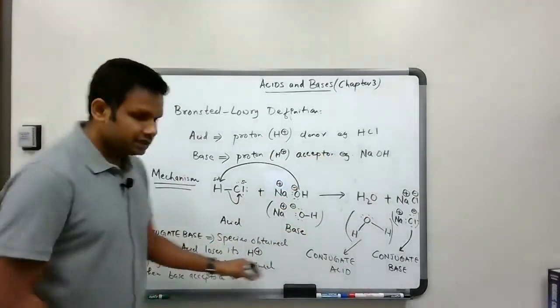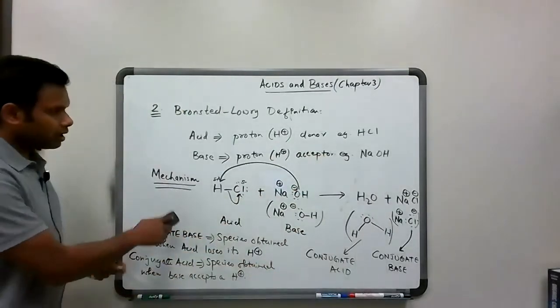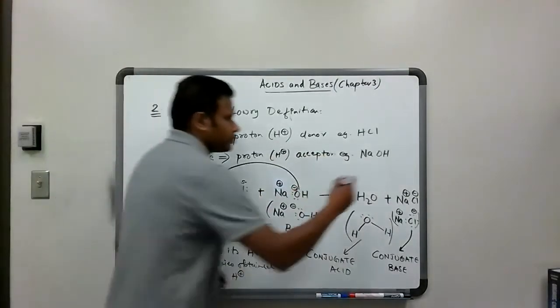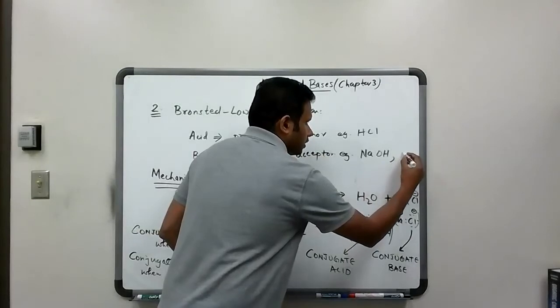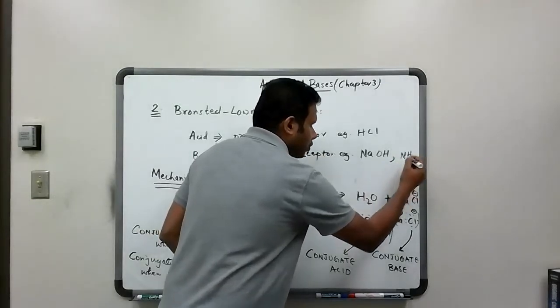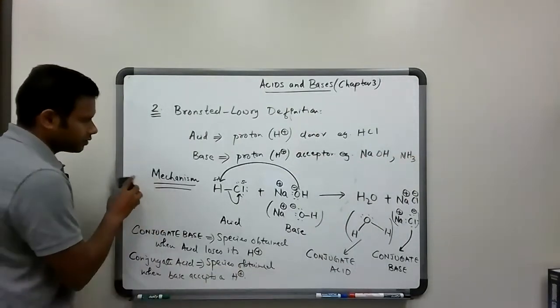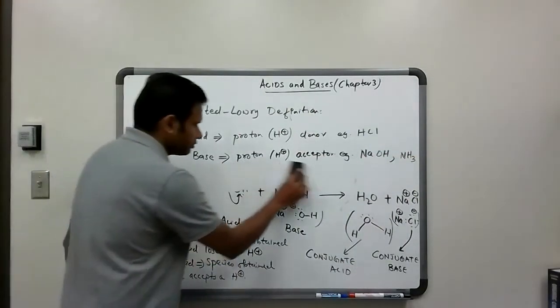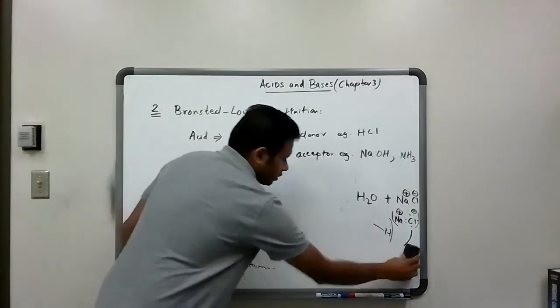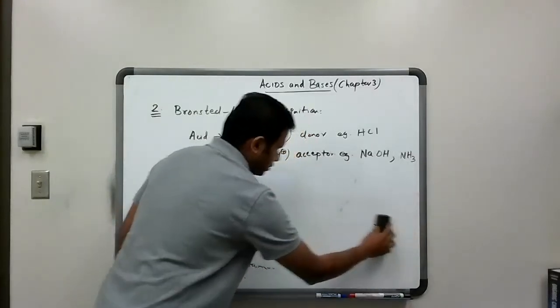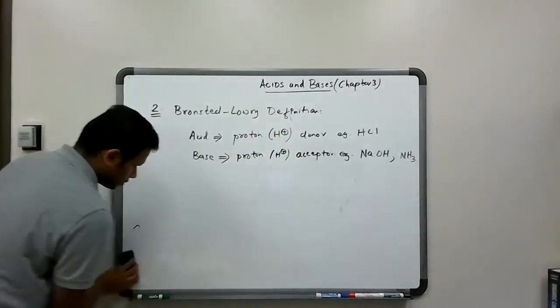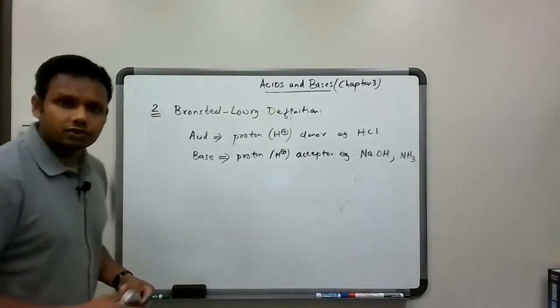We'll go into the details in subsequent videos, but I also want to show you how in this definition ammonia can be a base. So let's look at that also, and we'll try to do something similar and just review or reintroduce you to these terms, and define an acid, base, conjugate acid, conjugate base.